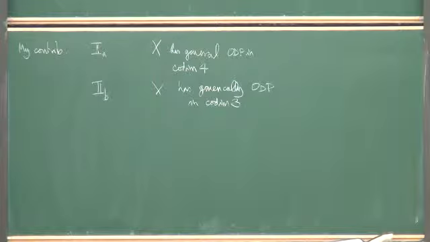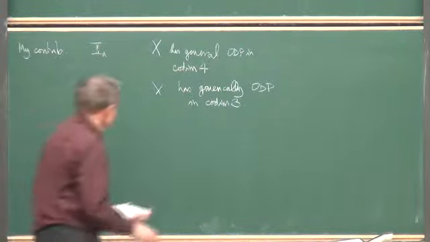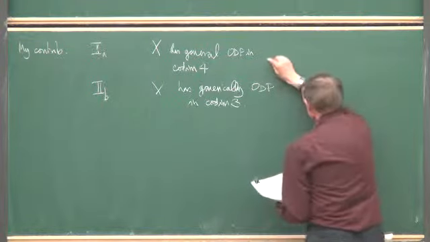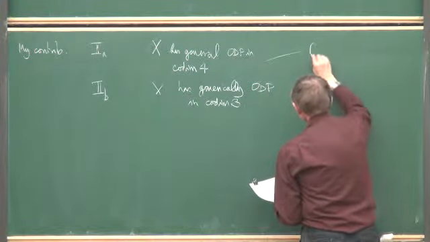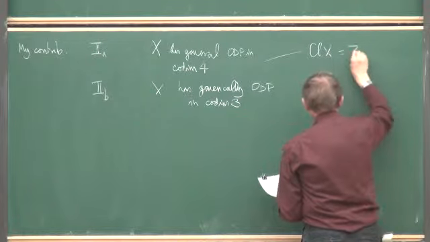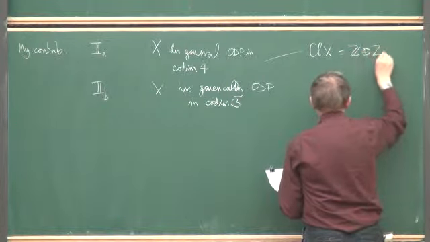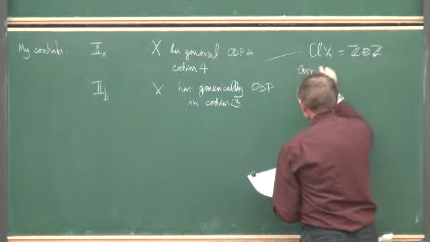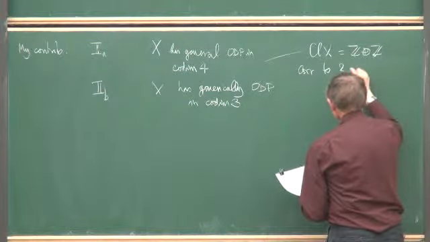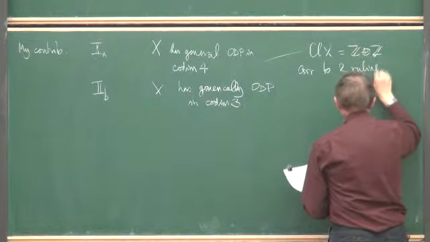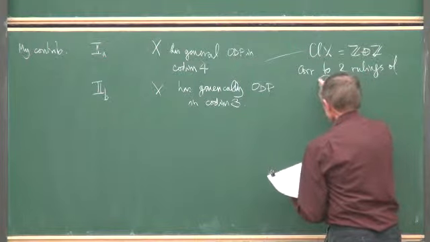Right, and so these guys have class group of X equal to Z plus Z, corresponding to the two rulings of the quadric of rank 4.